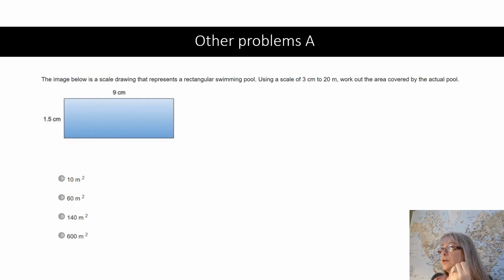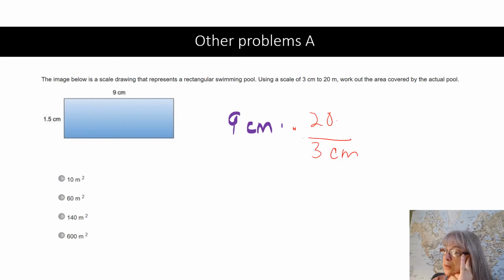Or we can find the area and then change it over to the scale. It's preference, 6 of one, half a dozen of the other, but I like to do it before I start. So if I have 9 centimeters and I know that, I'm going to change the pen, my scale is 3 centimeters is 20 meters.